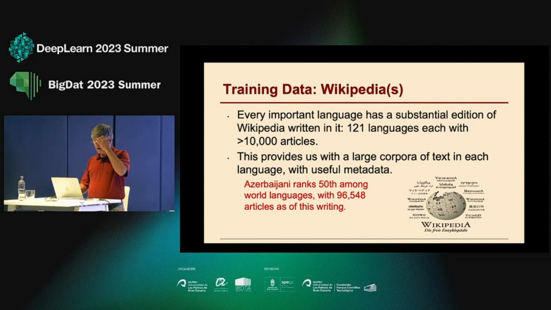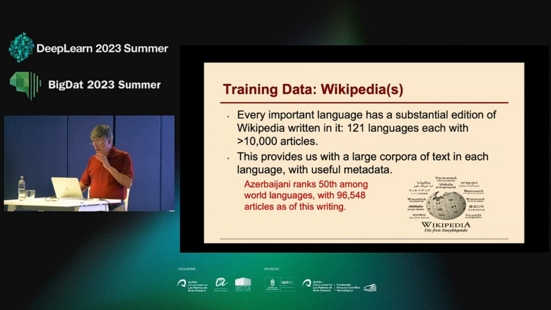One thing that was great about Wikipedia was that you had over 100 languages with decent-sized Wikipedias. You had all of the same annotations. Hyperlinks in all the languages look the same. Titles look the same in all the languages.